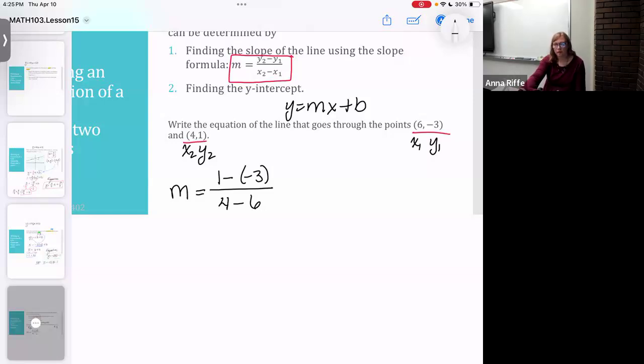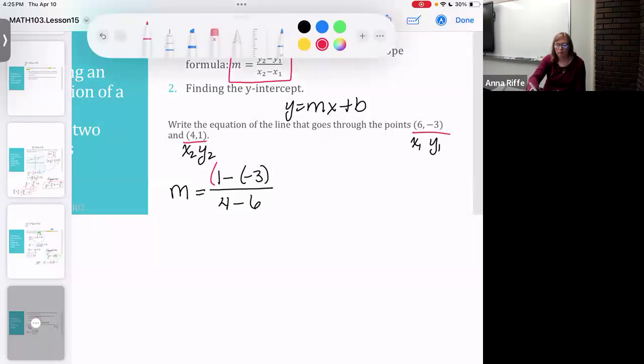So we've set it up like that. And I can remember that in this form, I want to simplify on top and bottom before I do the division. Doing that here. 1 minus a -3, these two negatives become a positive. So that's 1 plus 3, which is 4, over 4 minus 6.